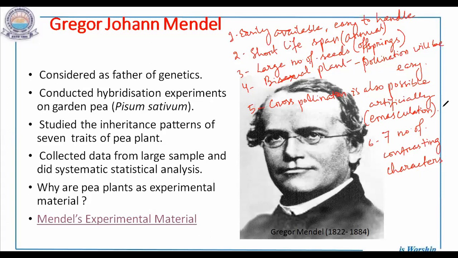So this flower can be emasculated also. So cross pollination is possible. And then this plant had 7 contrasting characters, which again makes the study easier. So these were the 6 reasons why Gregor Johann Mendel chose the pea plant for his experimental studies.